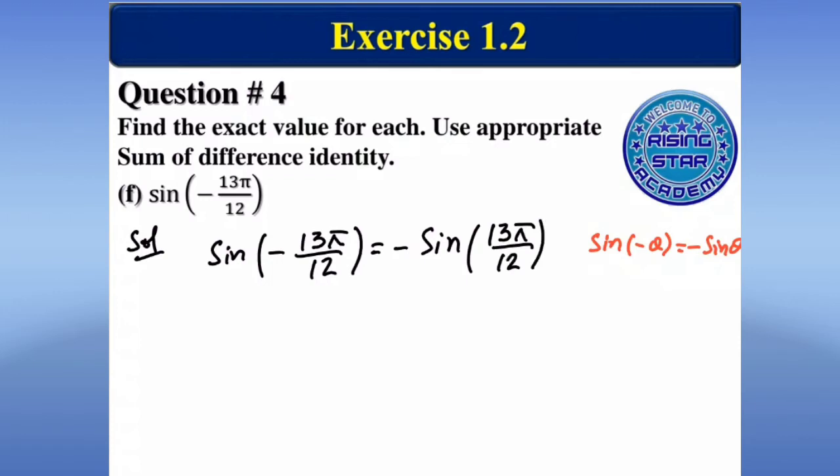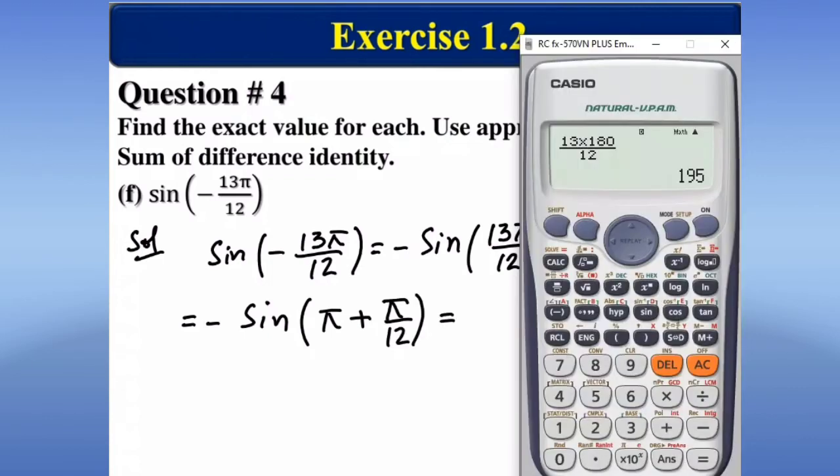Now I will break it like sine of pi plus pi by 12. So here in the calculator you can see that 13 times 180 over 12 would become 195. So I would write 195 as 180 plus 15, and that is pi plus pi over 12.